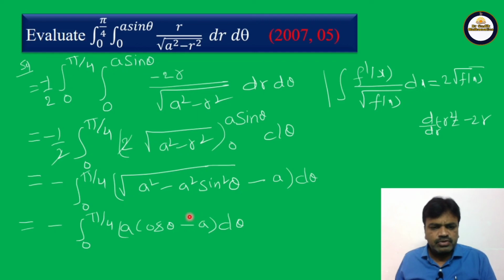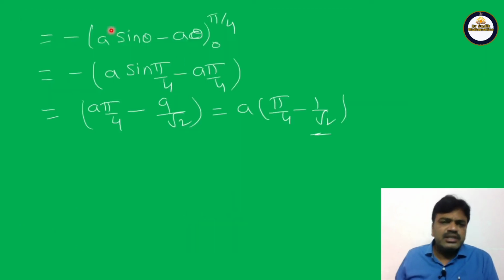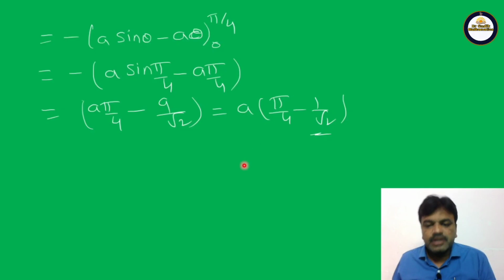Substitute the upper limit and lower limit here. I simply integrate, friends, from the second term, and I substitute the lower limit and upper limit. Then we get a into pi by 4 minus 1 by root 2. This is about double integration in polar form, geometrical interpretation in polar form, and then a problem on polar form, friends.